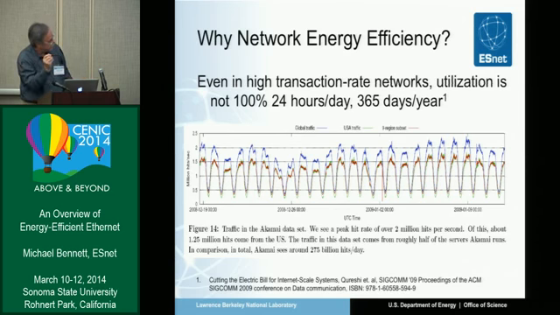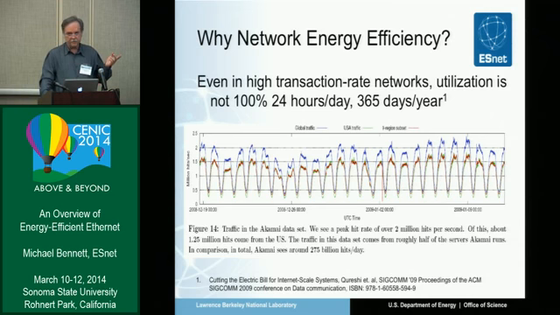This was, I think, taken over a couple of weeks. And the point here is that each of those valleys represents an opportunity to save energy. When you go towards an idle mode, that's where the opportunity is for energy savings.